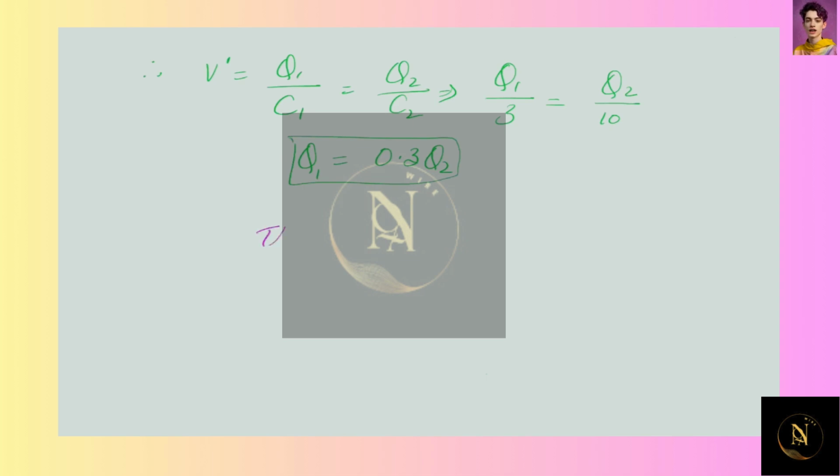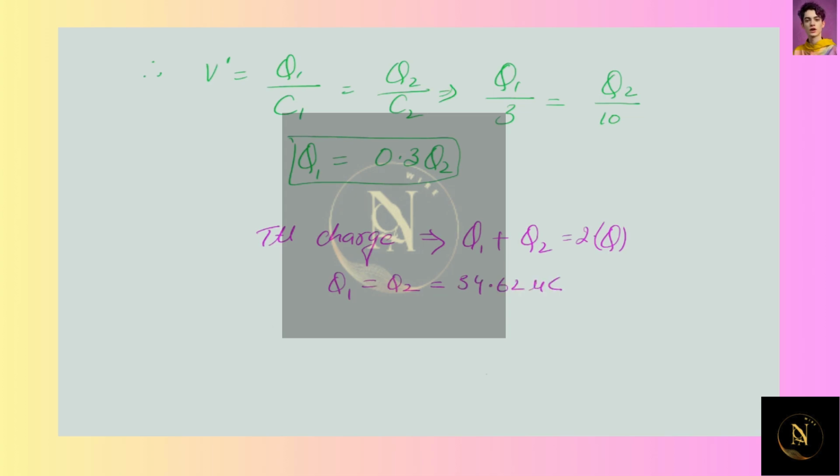Also here the total charge is equal to Q1 plus Q2, which is equal to 2 multiplied by the initial charge. Initially we have calculated that Q1 is equal to Q2 is equal to 34.62 microcoulomb.